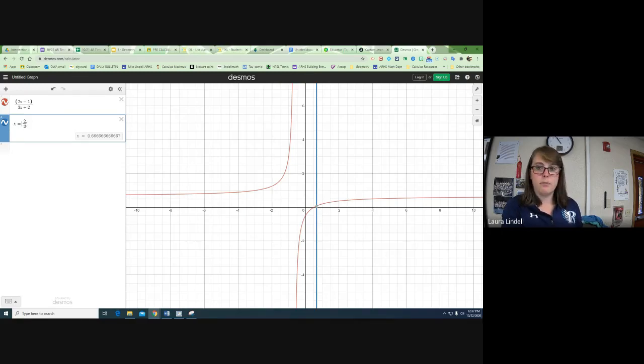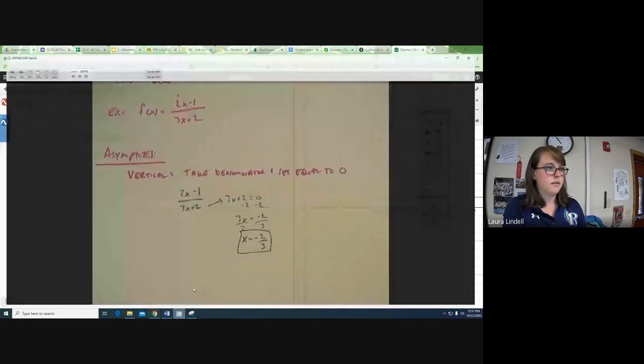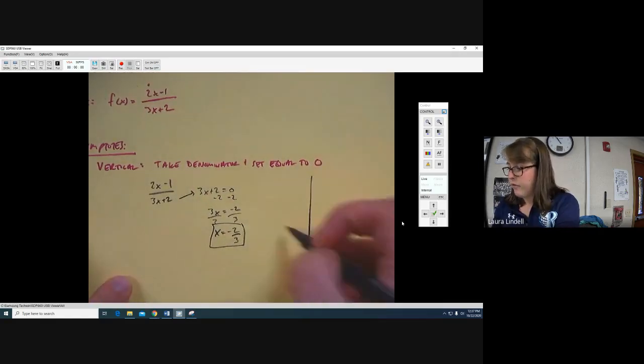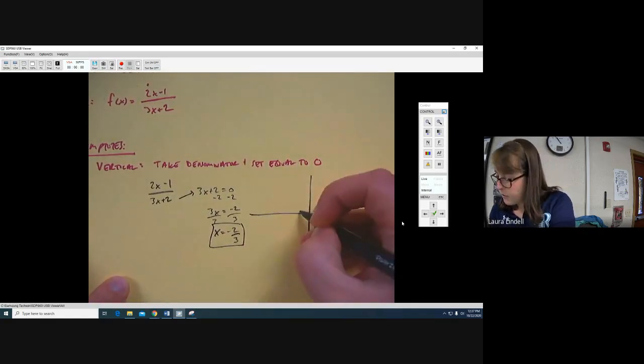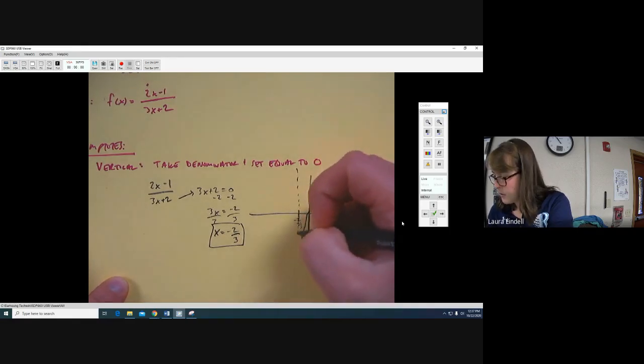So you might want to go back and check. It's an easy way to check yourself by graphing. So we would have over here negative 2/3, and our function ended up looking something like this with an asymptote here.